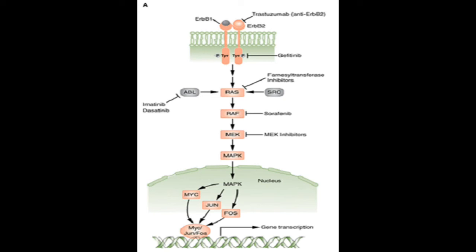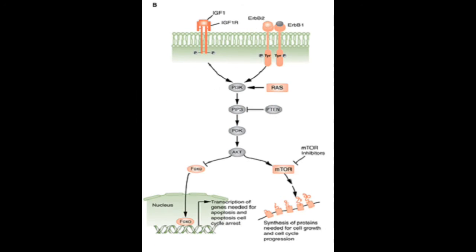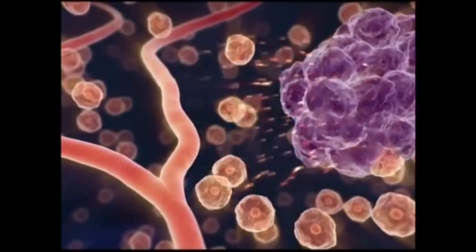There are targeting agents that can interfere with this pathway at various levels. Drugs like farnesyl transferase inhibitor, which can inhibit RAS, or drugs like mTOR inhibitors, temsirolimus, act by interfering with these pathways.